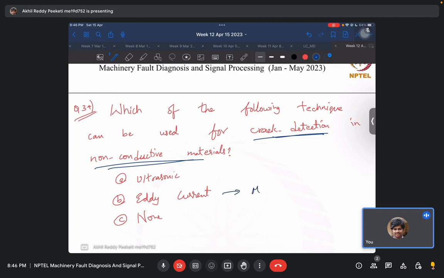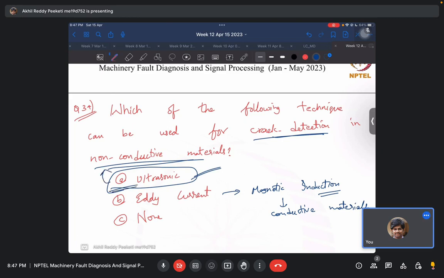Eddy current works through magnetic induction, so it needs conductive materials. But ultrasonic has no need for a conductive system, so it can be used for crack detection in non-conductive materials. So the technique used for crack detection in non-conductive materials is ultrasonic. It is more suitable.